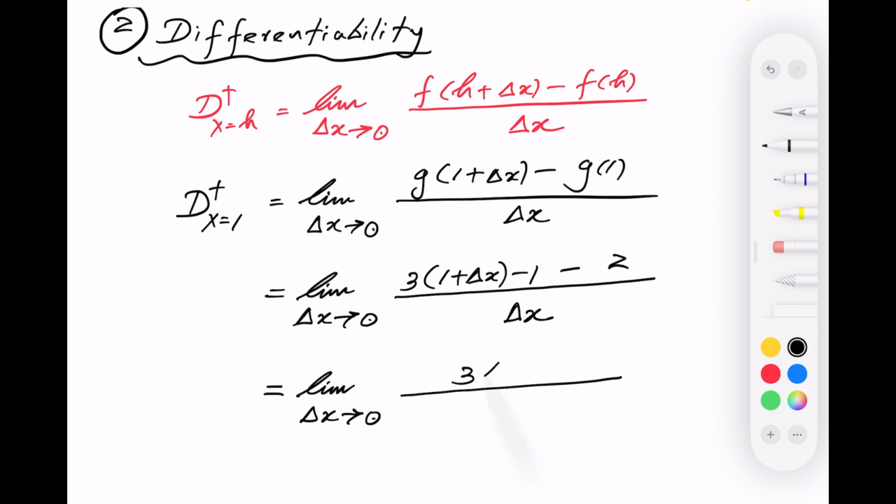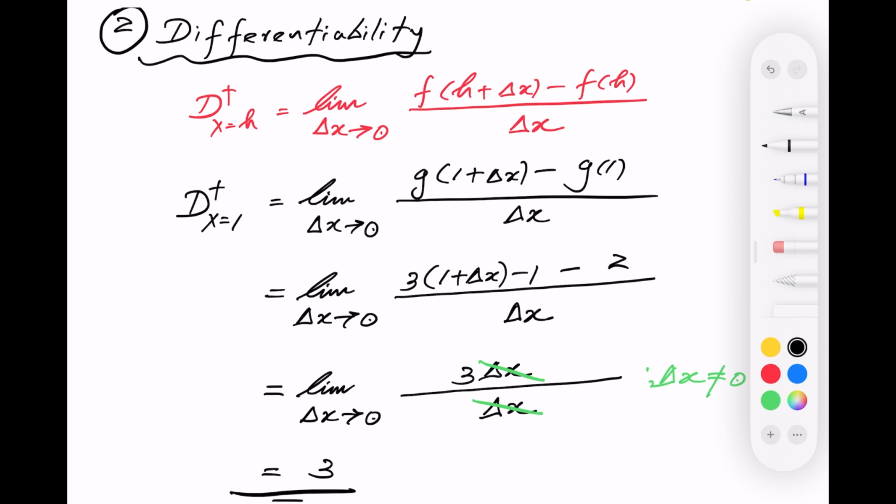We have 3 times delta x on the numerator, and we have a delta x term on the denominator. Now we can do the simplification. We can cancel off the delta x from the numerator and the denominator respectively. We can do that because delta x is not equal to 0. Therefore, this answer is equal to 3. That's the right-hand differentiability at x equals 1.